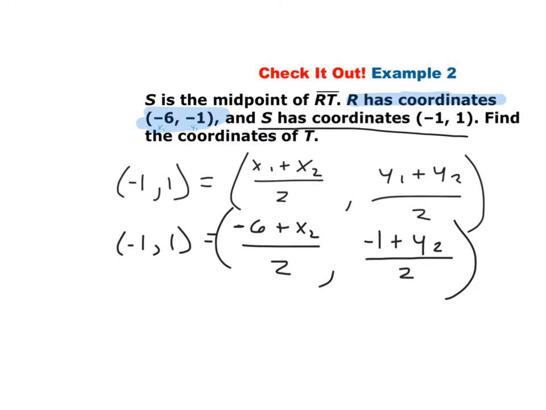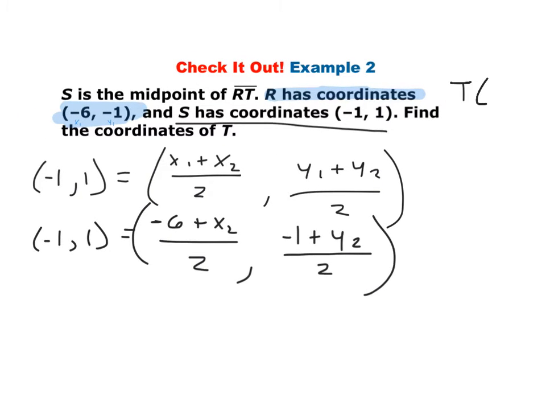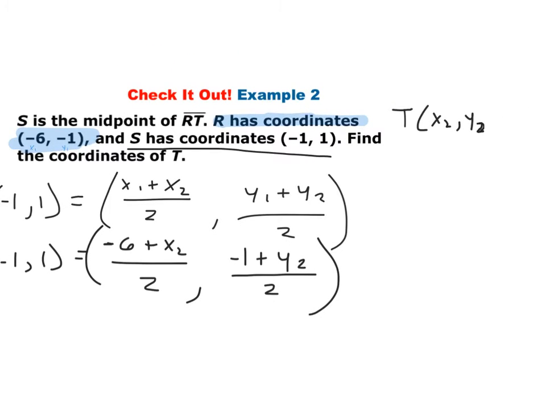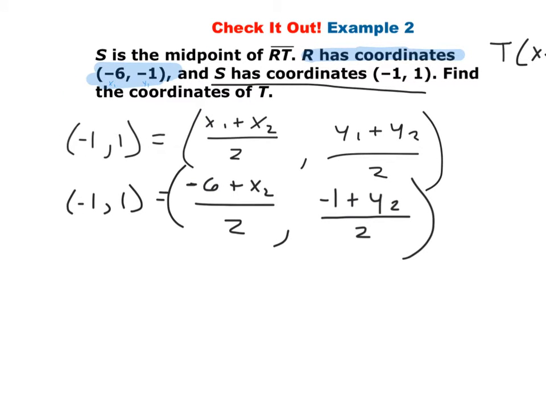We're saying that T has the coordinates of x2, comma, y2. And we're trying to find what x2 and y2 are because we're trying to find the coordinates of T. So we take the x-coordinate of the midpoint, which was given to us as negative 1, and set it equal to the formula that we have for the x-coordinate of the midpoint.